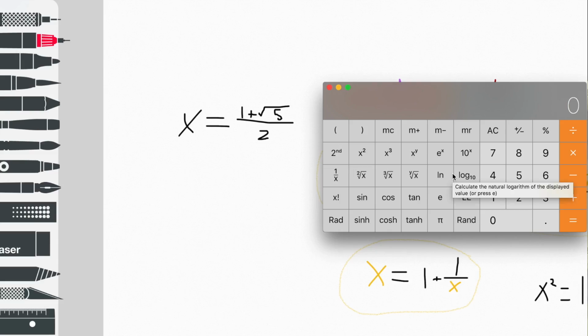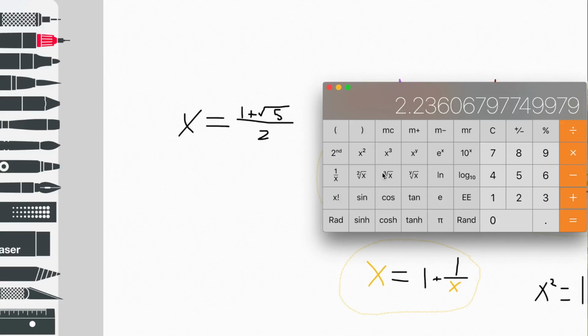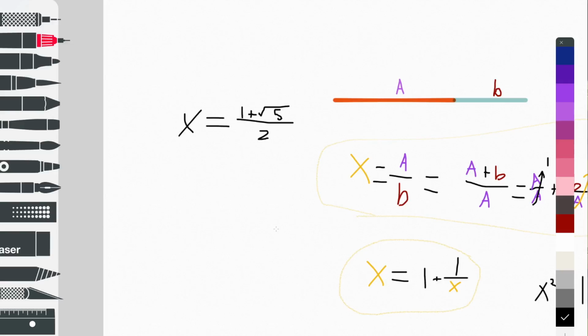So this whole thing is 1 plus the square root of 5, all of that divided by 2, which should equal, I think I did something wrong there.